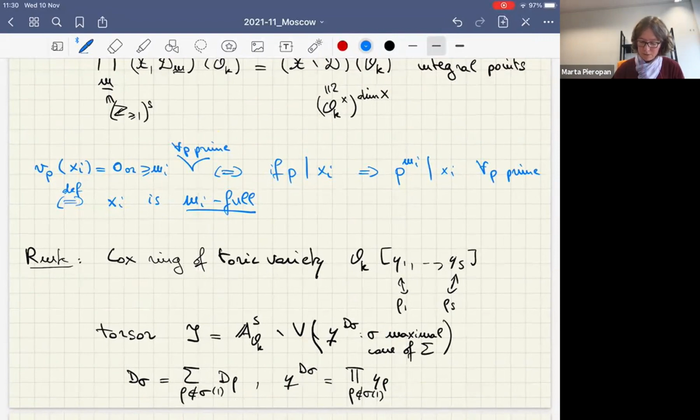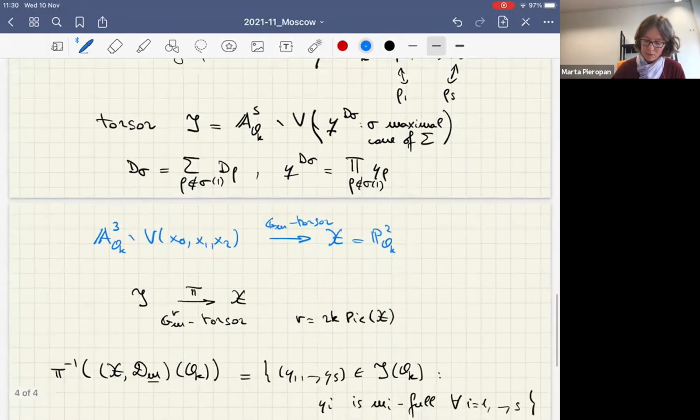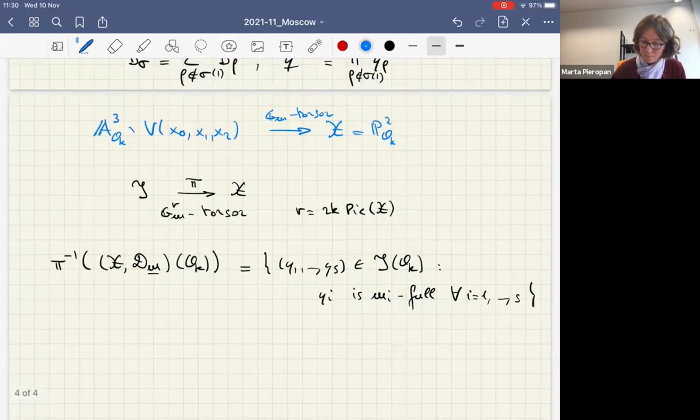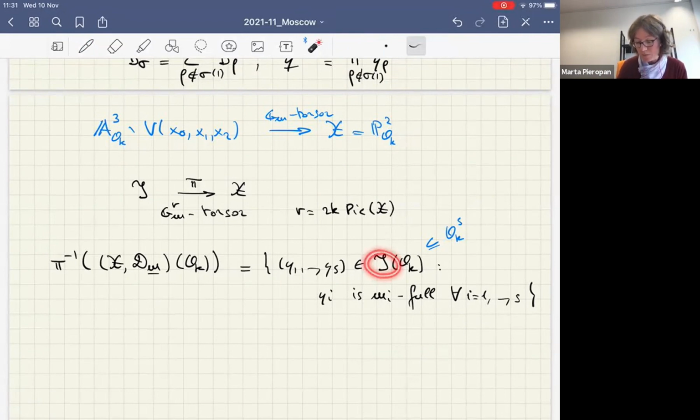Okay, so essentially what we are doing, we are looking at points with coordinates y1 to ys that are integers. The reason being that Y is an open subset of some affine space, so the points can really be written very simply as tuples of integers, and then we give some condition to each of these coordinates.